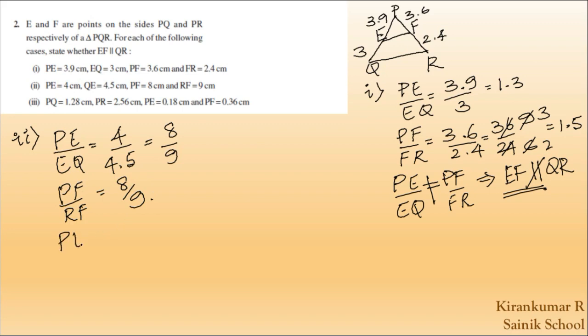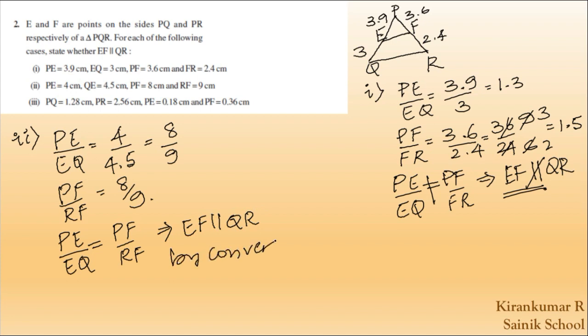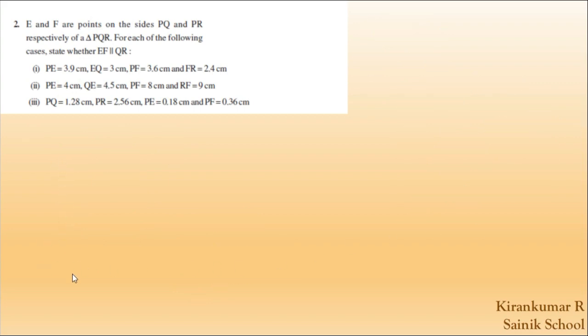Here, PE upon EQ is equal to PF upon RF. This implies EF is parallel to QR by the converse of Thales' theorem.